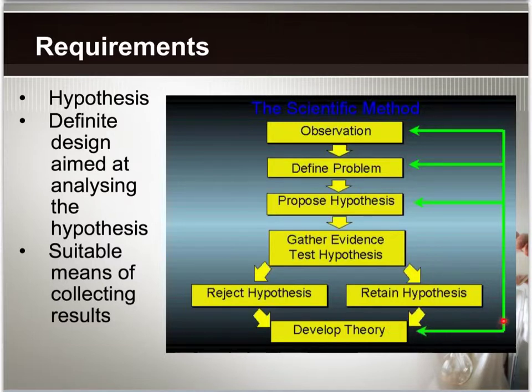This can then be fed right the way back up here into another observation, which they can then use to not just define their problem, but refine the problem and go on to produce an even better hypothesis with more evidence, and then a more targeted hypothesis again. So they can then test a more targeted hypothesis, which improves the experiment the second time around.